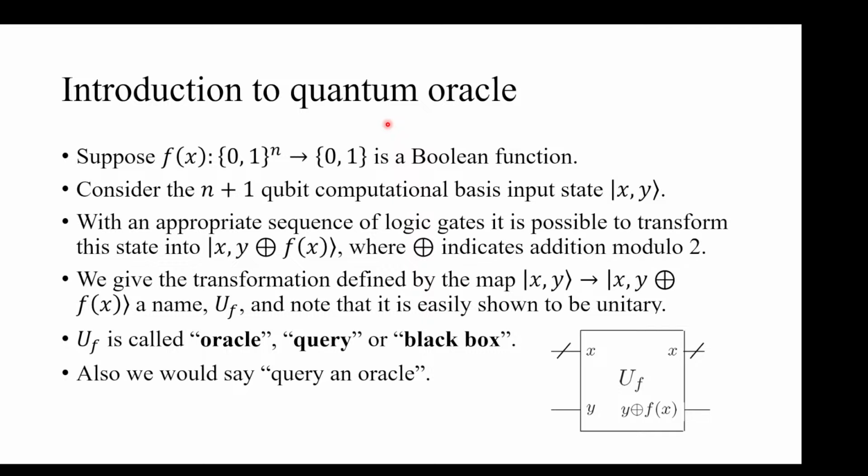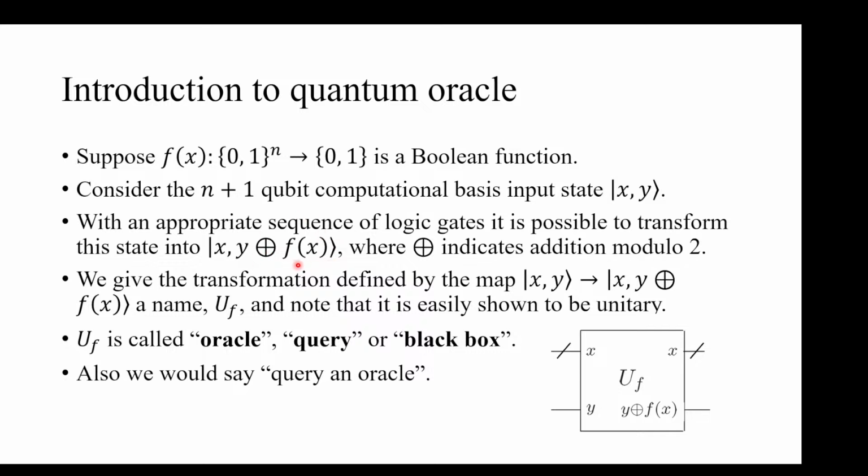We think a quantum computer way to compute this function is to map an input-output state to another input-output state where the input x still stays as x, and you want to compute f of x.